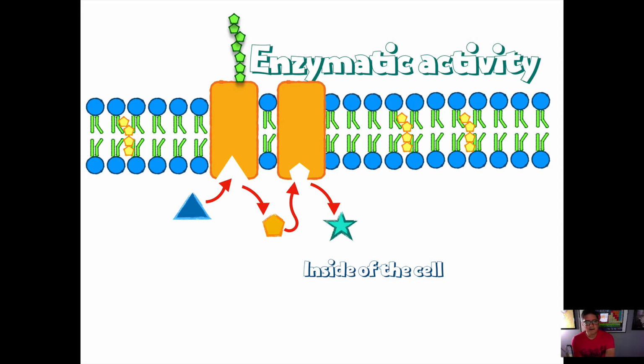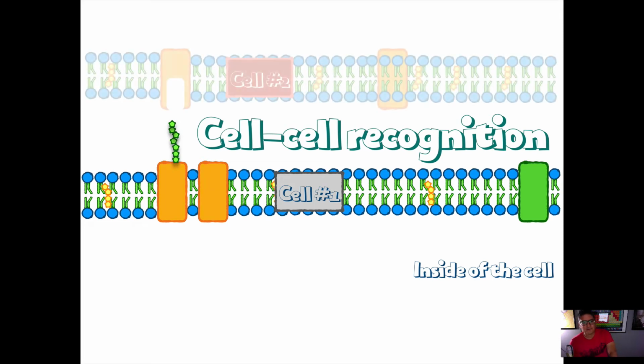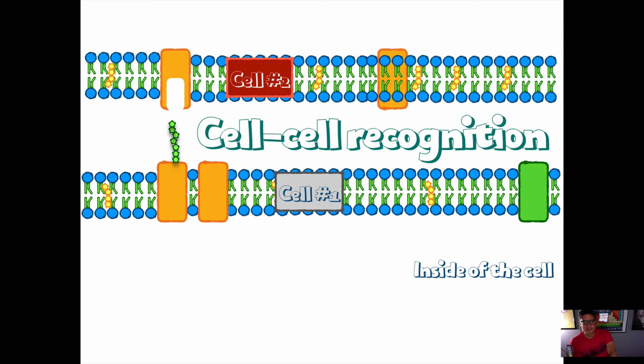All right, so another job of the embedded proteins is cell-to-cell recognition. So I have here the phospholipid bilayer of one cell, cell number 1. But if I have another cell that needs to find out, for example, let's say you have an antibody that's going around looking for a virus.